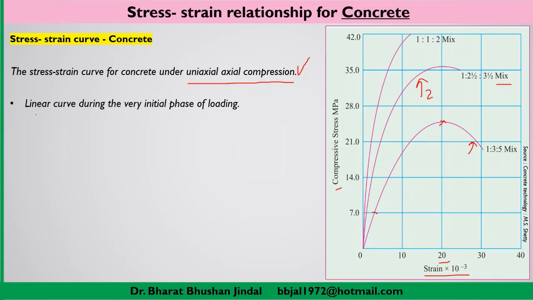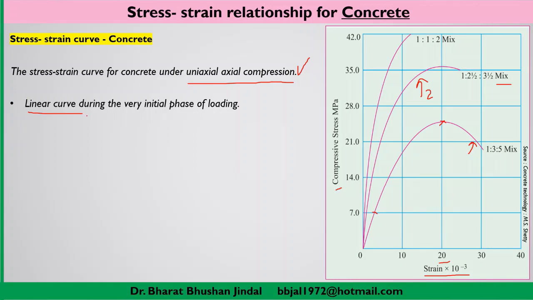Now, as we have discussed, there is a linear curve during the initial phase. Everywhere you will find that some part of the curve is a linear curve. That means it is just like an elastic curve, and you can consider that up to this limit, concrete behaves just as an elastic material, and after that it is not elastic, it is an inelastic type of material.